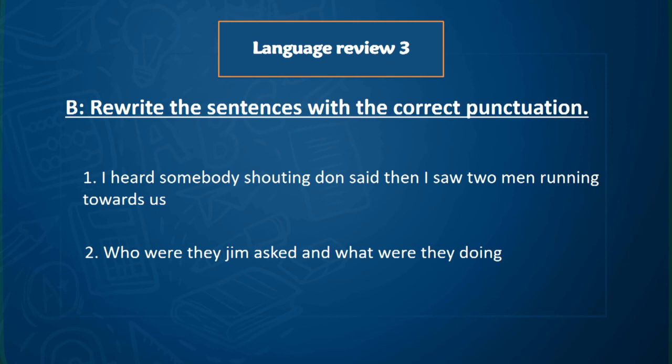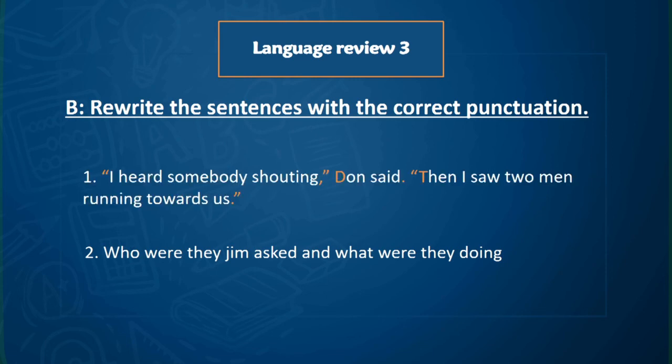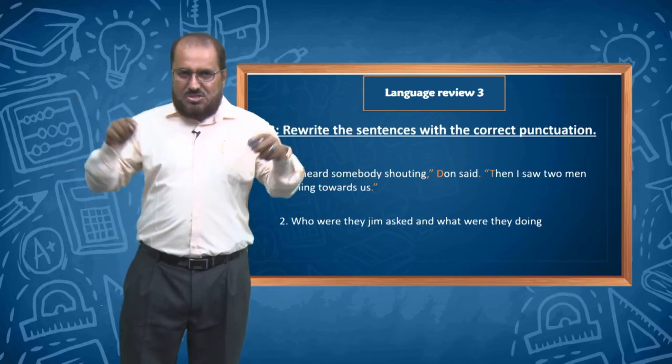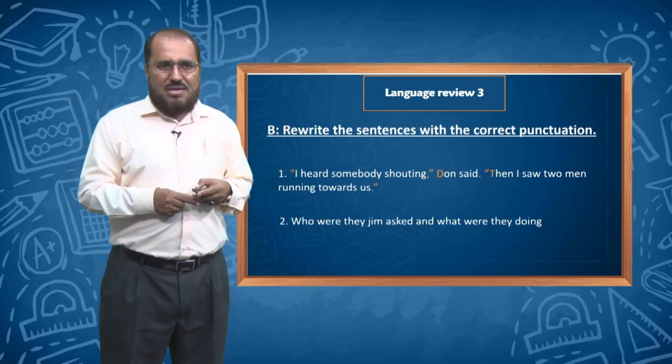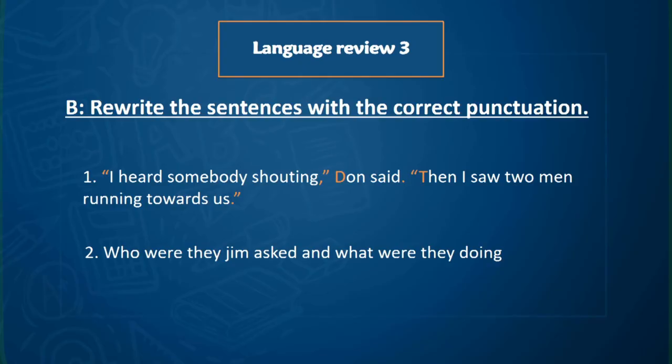You want to check the answer? Let's check. Great. I heard somebody shouting. This is quoted speech, not said by the writer himself. What Dan said, this is said by Dan, so we put it in speech marks. Dan itself is a proper noun, must be capital D, not small d.